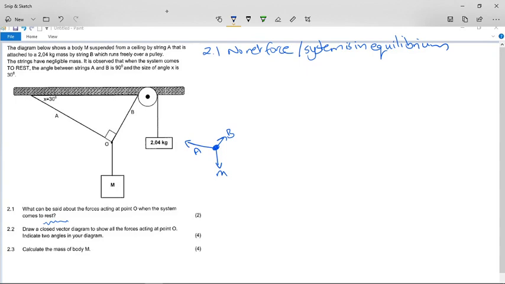So I like to start with the vertical vector. To me, that's the easiest vector to start with because it's vertical, okay? But if I have to indicate two angles in my diagram, and I'm using M as my starting point and M is vertical, I need to now know all of the angles for these vectors from the vertical, because you can see here A is stated from the horizontal over here.